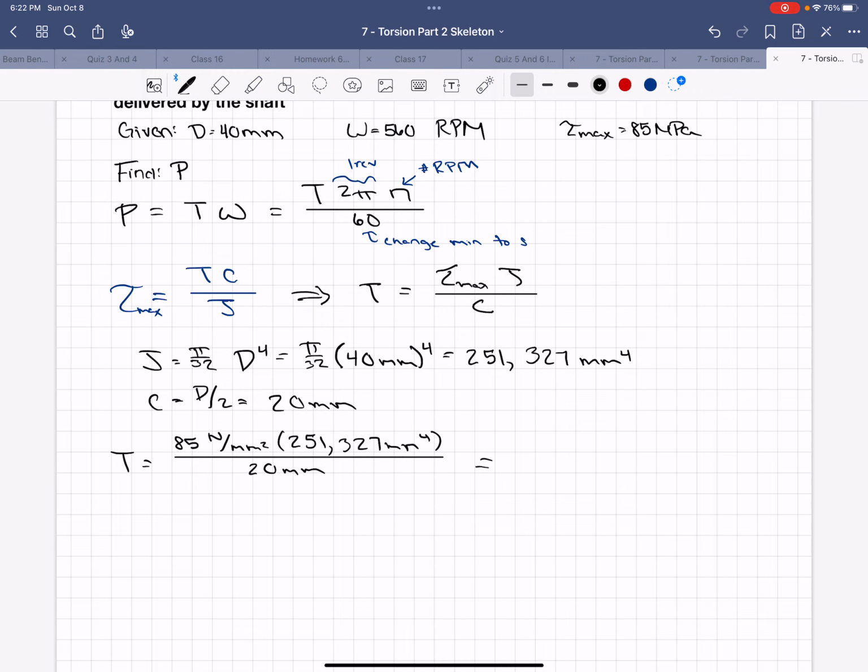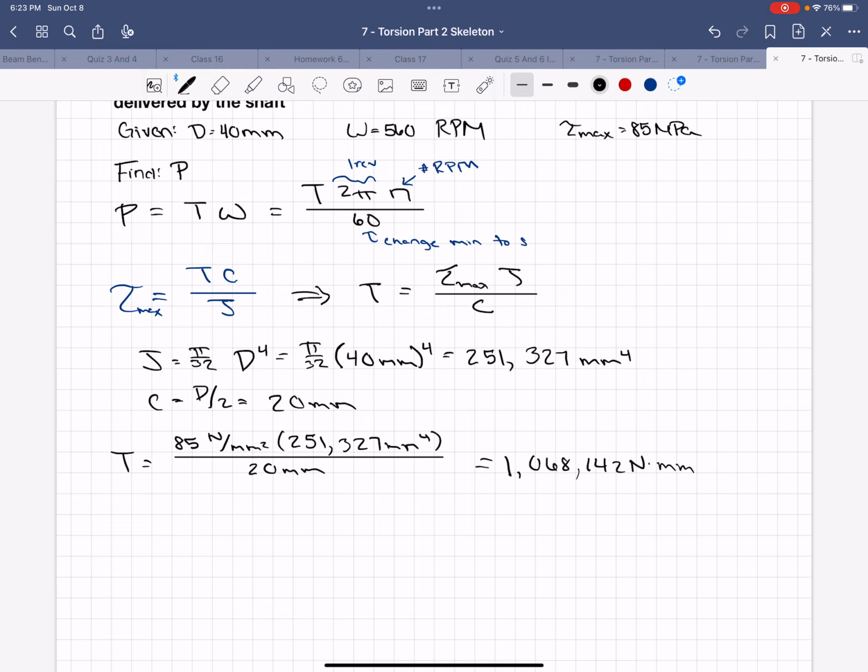And we get a torque equal to 1,068,142 newton millimeters.